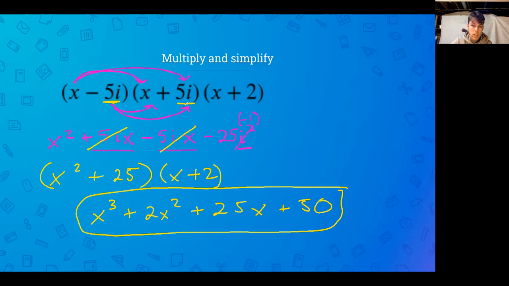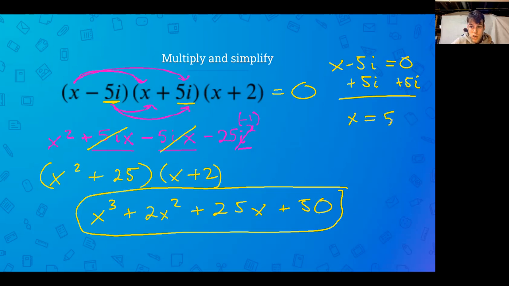And if we remember what factored form lets us do, factored form lets us actually find the zeros of a polynomial. So if we say, what are the zeros of this polynomial? Well, then I know that by solving this equation, I can find one of my zeros. One of my zeros is going to be positive 5i.